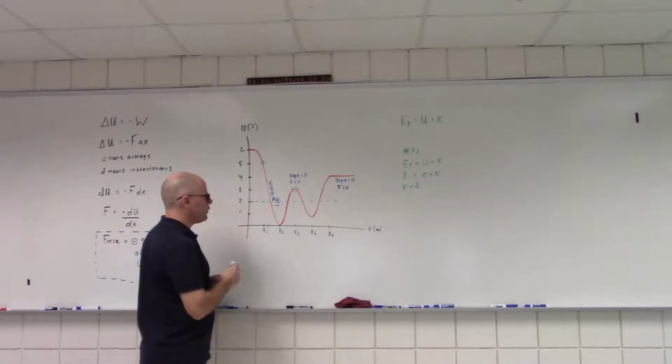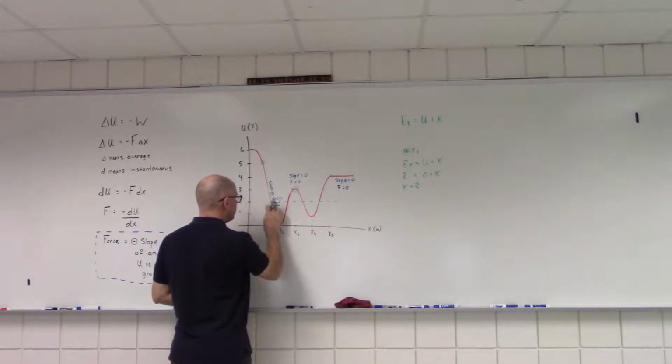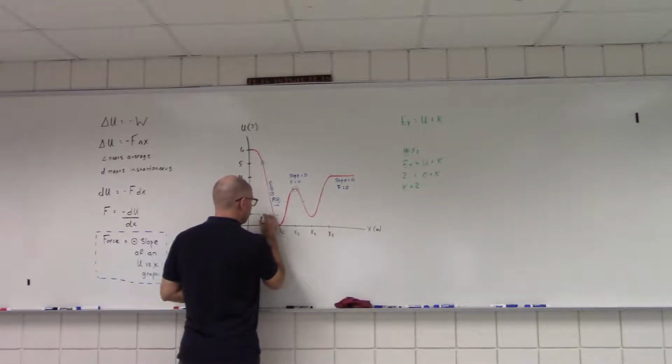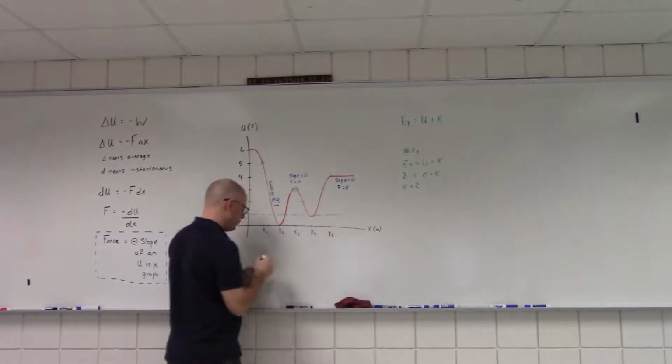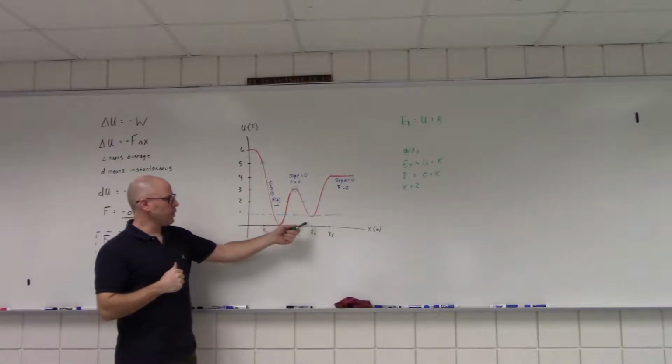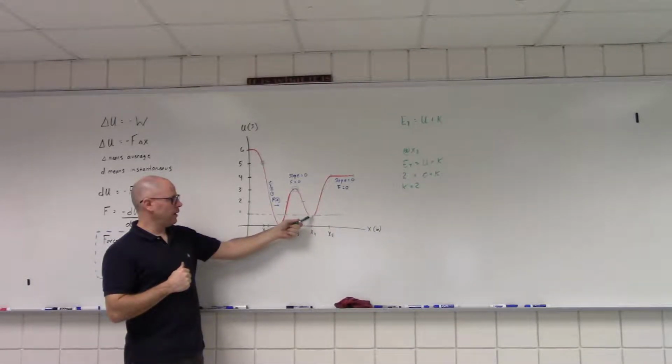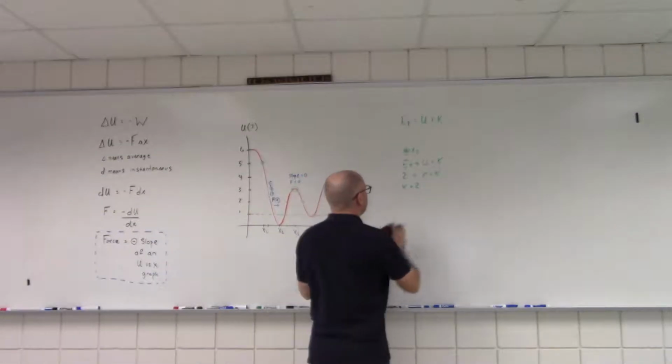If the total amount of energy were just 1 joule, we could find our object at x4. But the thing about x4 is that, I'll write it up here.